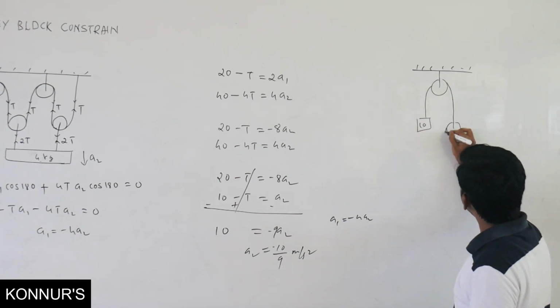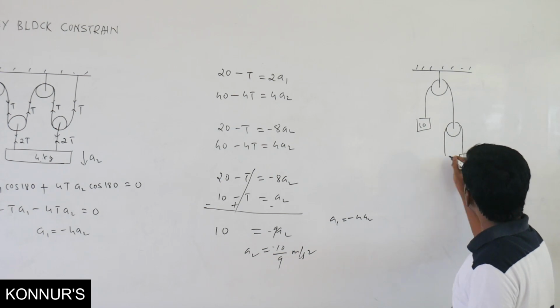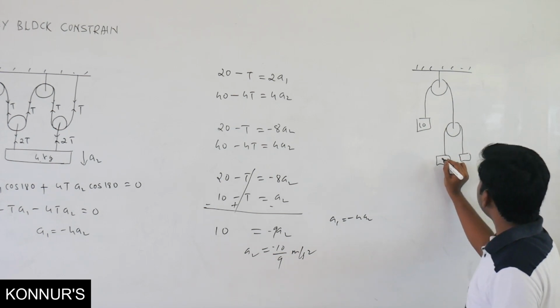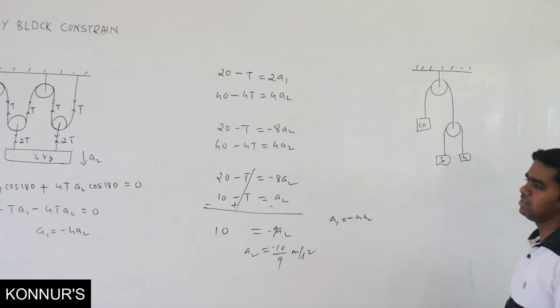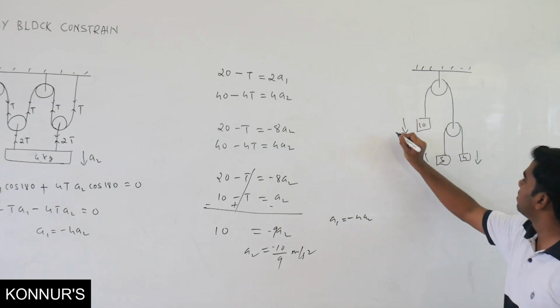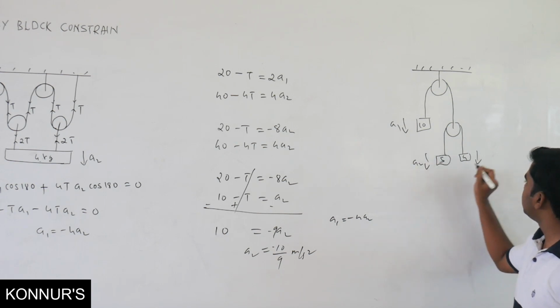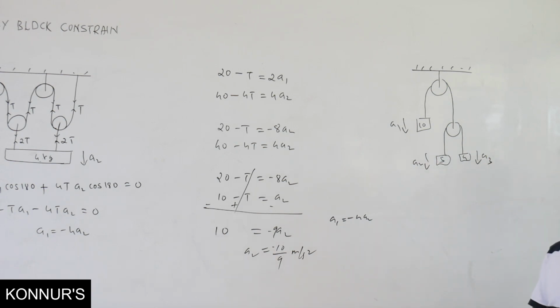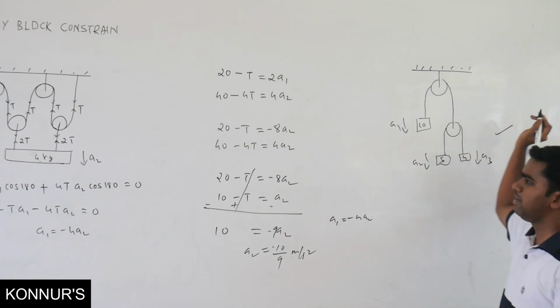Another pulley is connected here, so again 2 masses are connected, say 5 kg and 4 kg. Just take the accelerations in any one direction. You can take this as a1, this as a2, this as a3. You can find a1, a2, a3 and T values, or T1, T2. Try this problem.